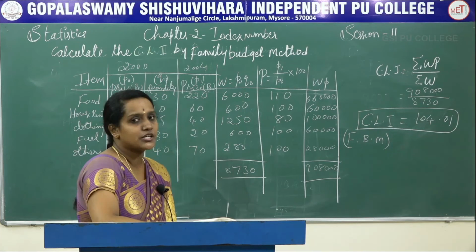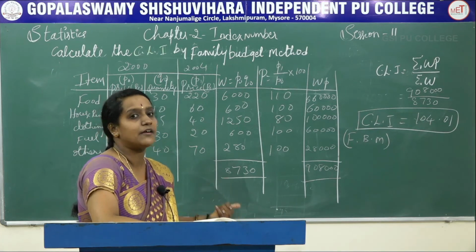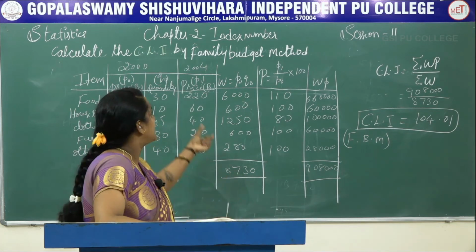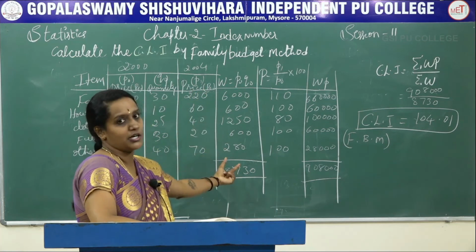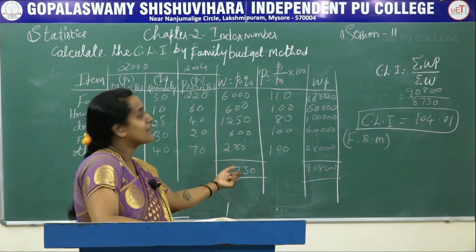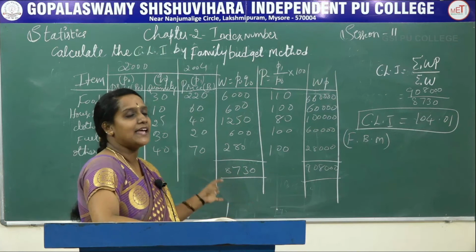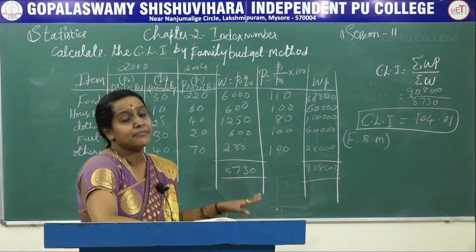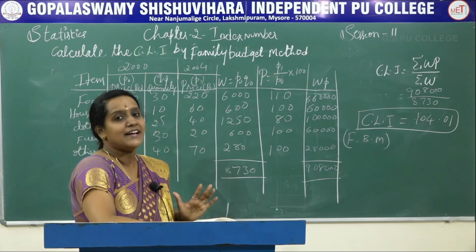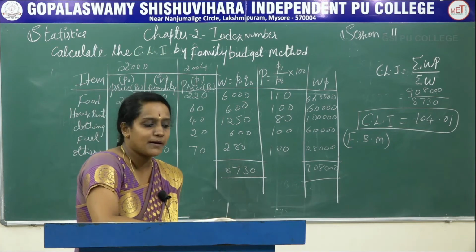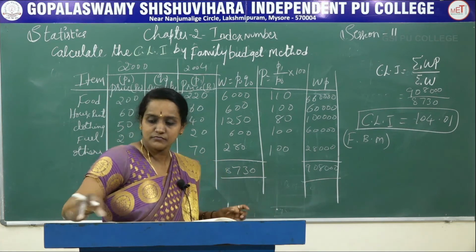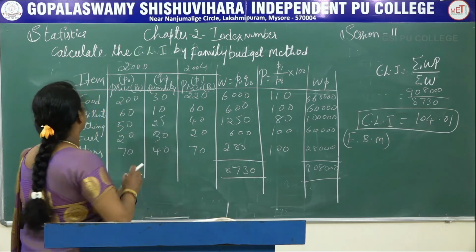We have to find the weight W, which is nothing but P naught Q naught, and our price relative P, and then WP, and then we substitute that in the formula. If they have not mentioned the method, we can directly do the suitable index. Next one.